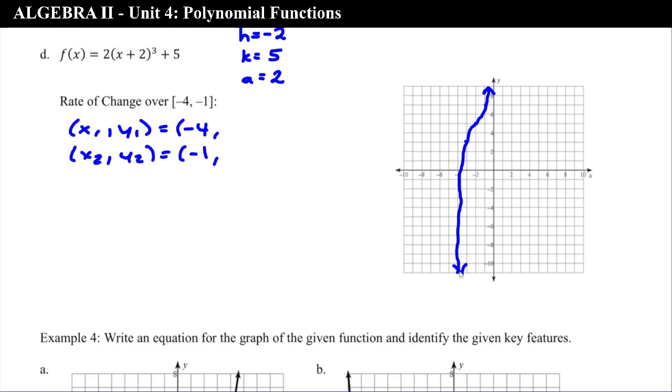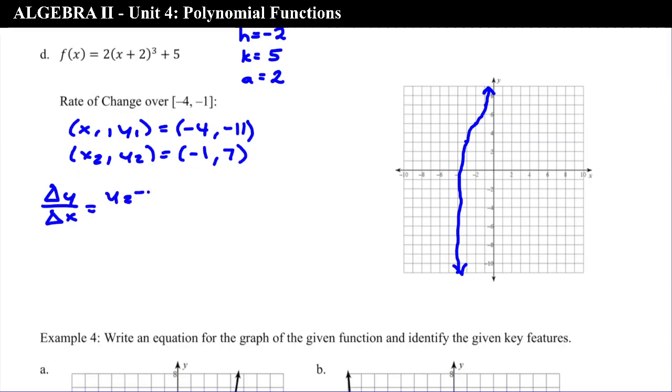Where our y that goes with -4 is -11. And the y that goes with our -1 is 7. So from here, we'll use our formula for average rate of change, which is change in y over change in x.